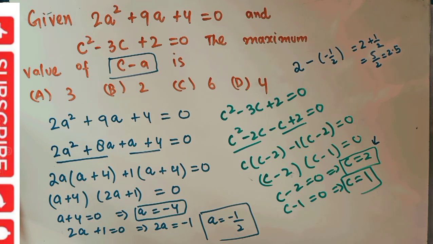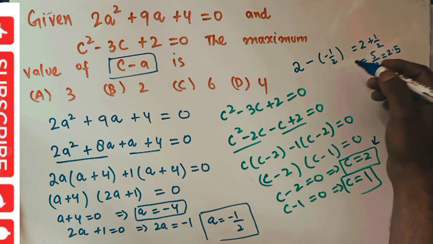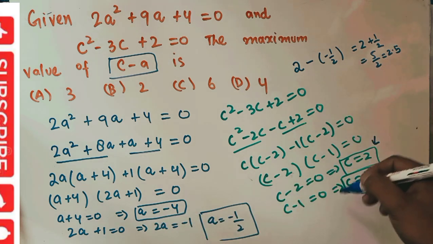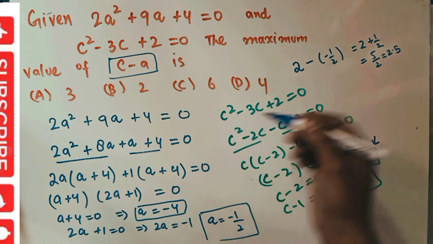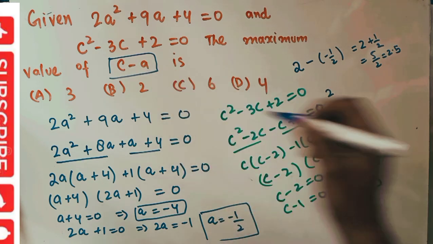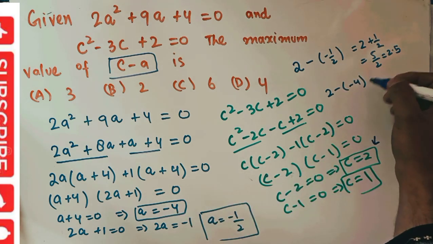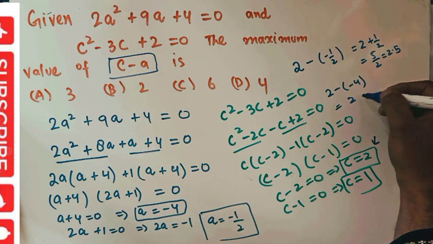Let us see when c is equal to 2 and a is equal to -4, what will be our value. In place of c we have 2, then minus, and in place of a I write -4, so 2 minus minus is plus 4, which gives us 6.